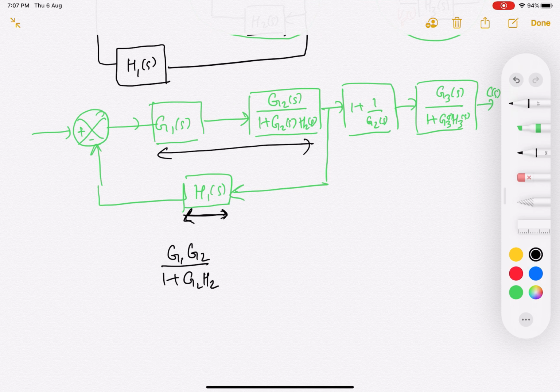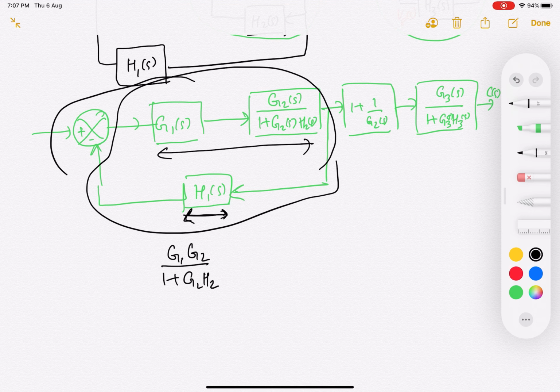If I have to replace this whole thing by a single transfer function, the forward path is G1G2 over 1 plus G2H2, and in the reverse path you have H1. So this is G divided by 1 plus GH. 1 plus GH would be G1G2H1 over 1 plus G2H2.